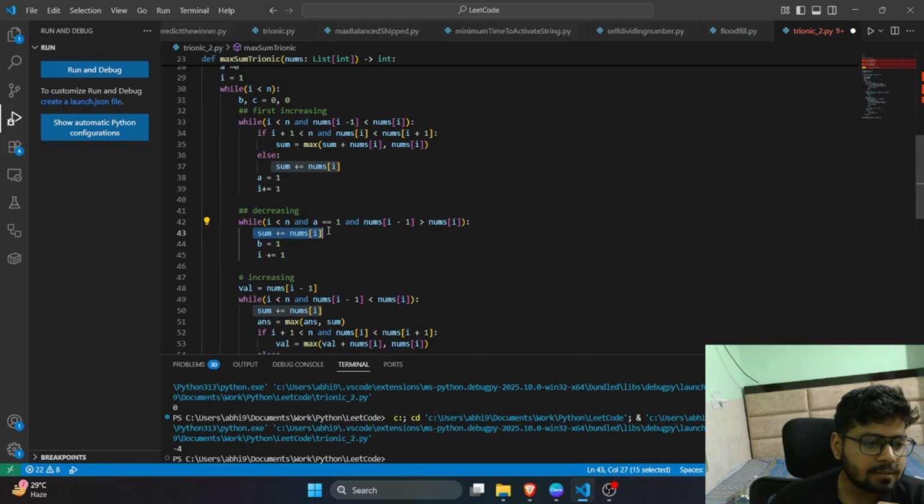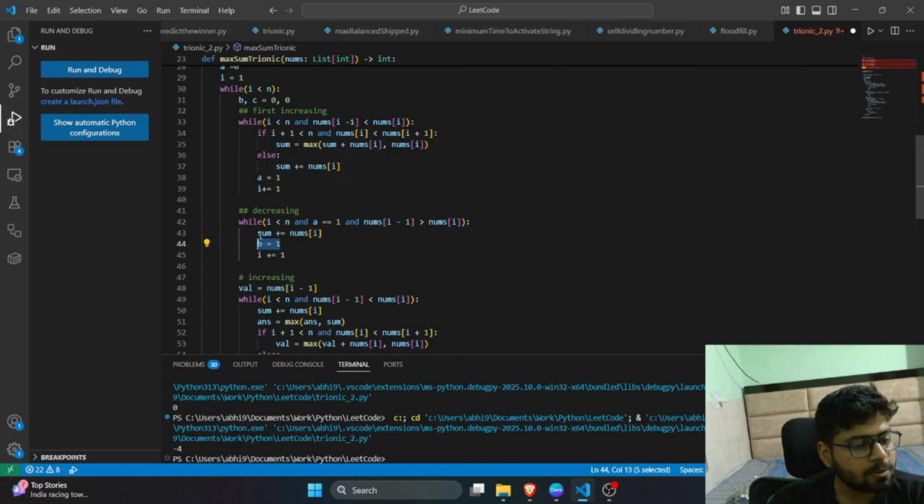Then we just sum all the nums, and we set the flag b to one, which represents that we have already calculated the decreasing point.